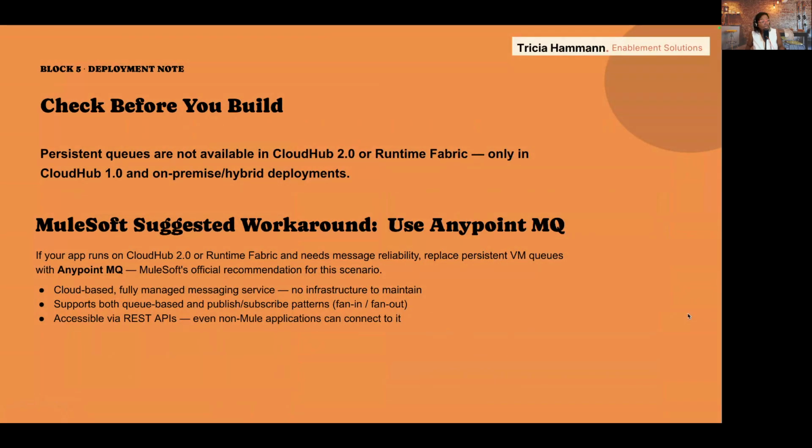Now, very important, please check with your architects, within your organization, with your colleagues, before you start building with the VM connector. Why? And this is a very important note to mention, because persistent queues are not available in CloudHub 2.0 or in Runtime Fabric, only in CloudHub 1.0, and also on-premise hybrid deployments.